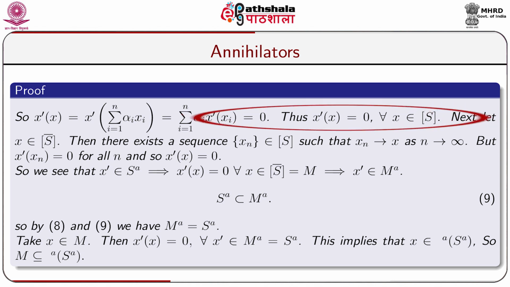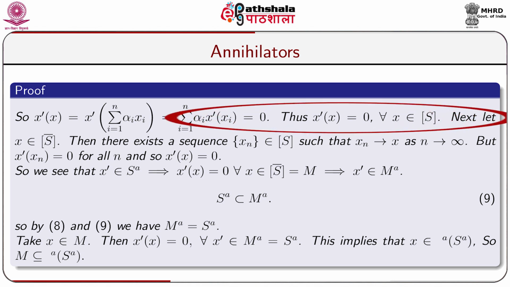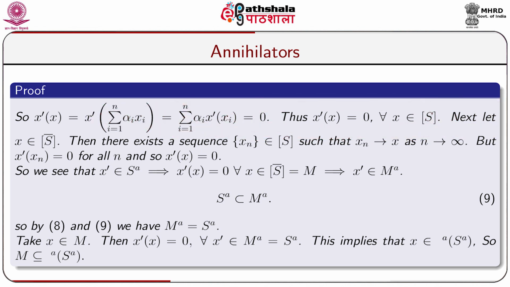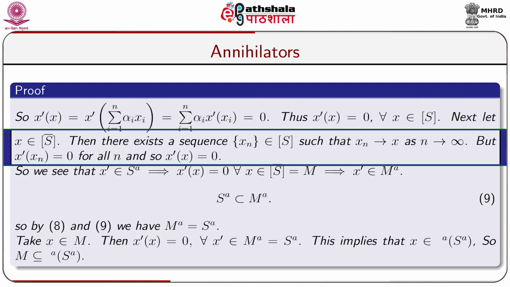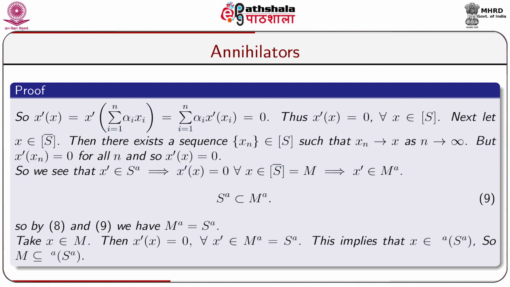Thus, x'(x) equals 0 for all x belonging to [S]. Next, let x belong to the closure of [S]. Then there exists a sequence of elements xn belonging to [S] such that xn converges to x as n tends to infinity. But x'(xn) equals 0 for all n, and so x'(x) equals 0.